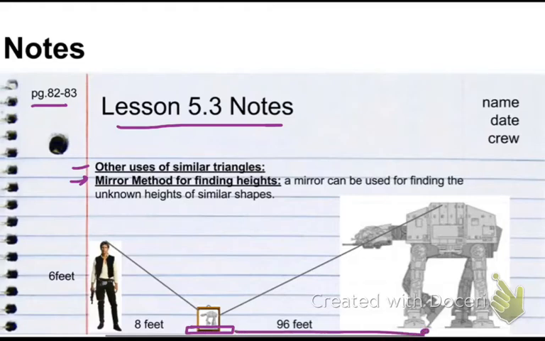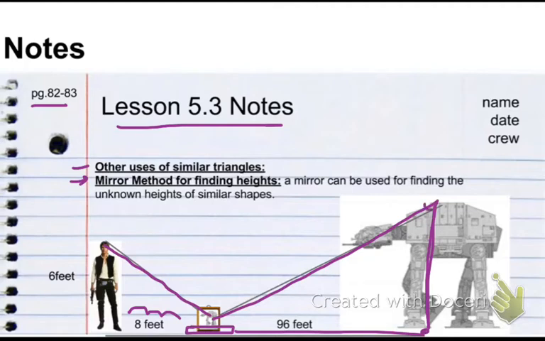So here we have Han Solo, the original space cowboy. He is standing, he puts a mirror 96 feet away from an AT-AT walker. And he walks backwards until he can see the AT-AT in that mirror. And what he's done is he's created a similar triangle, because light always reflects off a mirror at the same angle in which it enters the mirror.